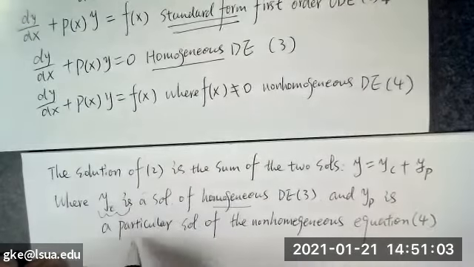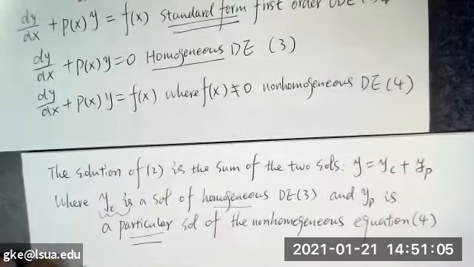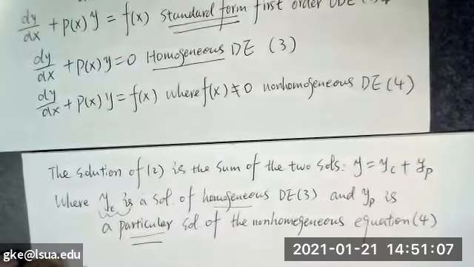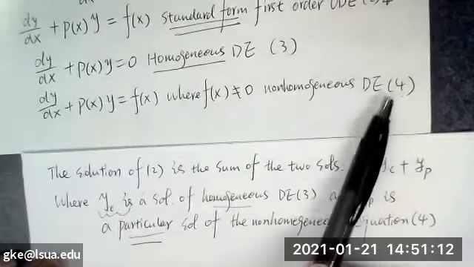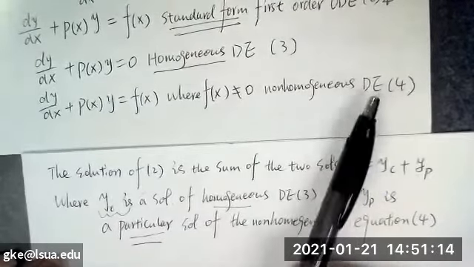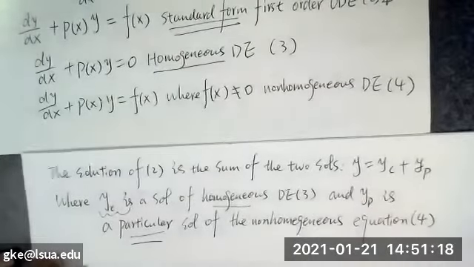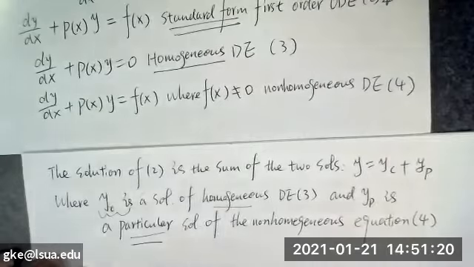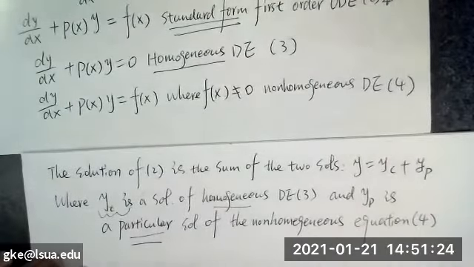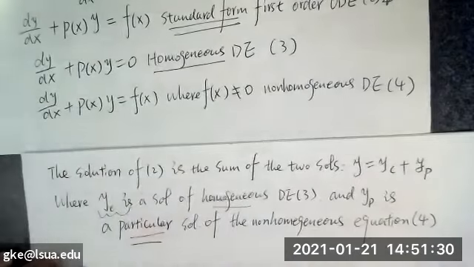Okay, particular solution. What does a particular solution mean? We know ODE4 has infinitely many solutions because it always contains the constant C. You just pick one solution, pick C equal to a specific number. That is a particular solution.